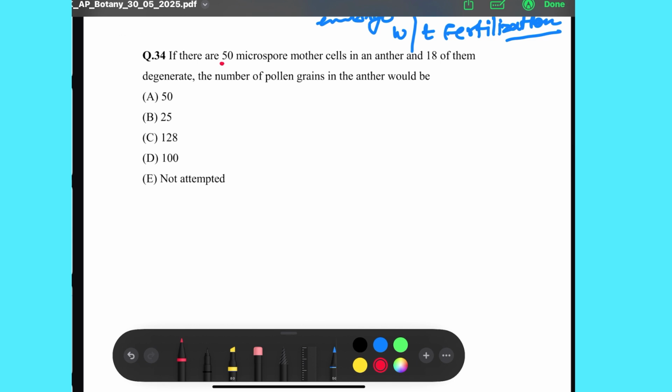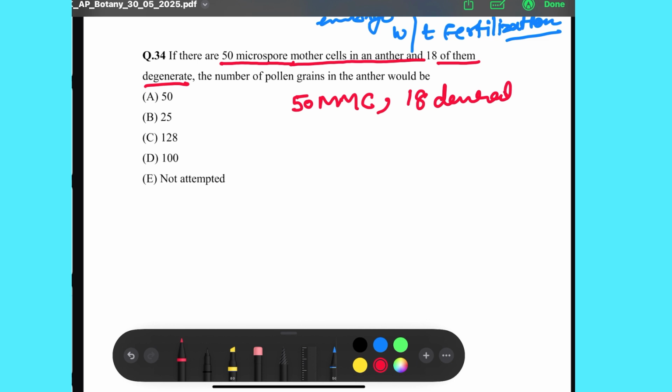If there are 50 microspore mother cells in the anther, please listen carefully, and 18 of them degenerate. Okay, that means 50 mother cells हैं and 18 get degenerate.